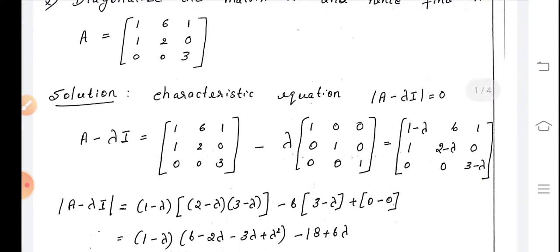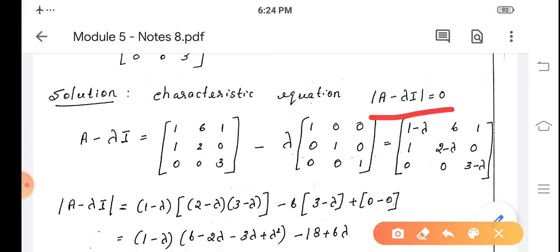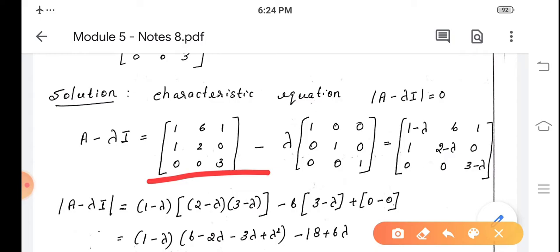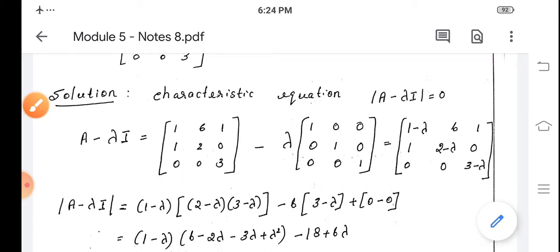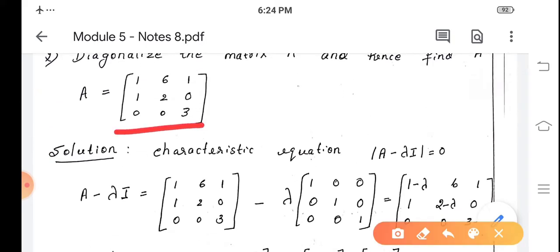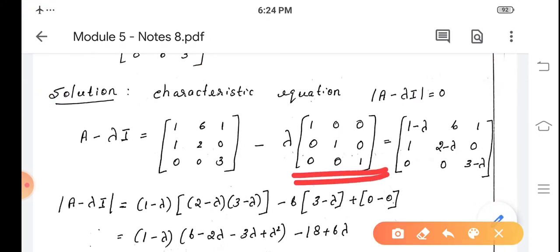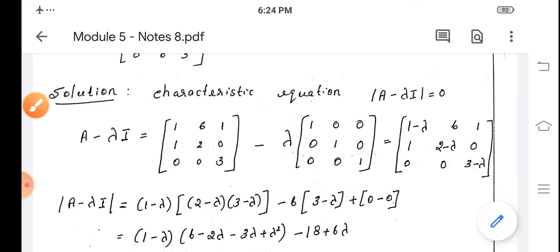We find the eigenvalues using the characteristic equation, that is determinant of A minus lambda I equal to 0. A minus lambda I, where A is the given matrix 1 6 1, 1 2 0, 0 0 3, minus lambda into I. I is the identity matrix of order 3 because the given matrix is of order 3, that is 1 0 0, 0 1 0, 0 0 1.